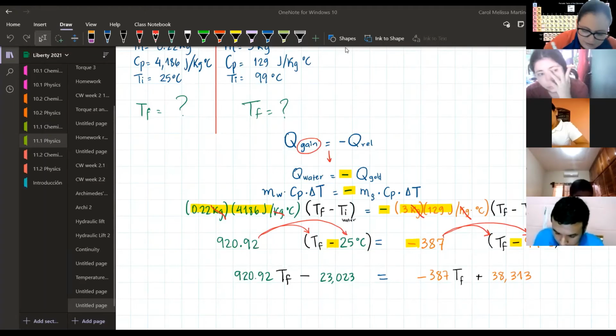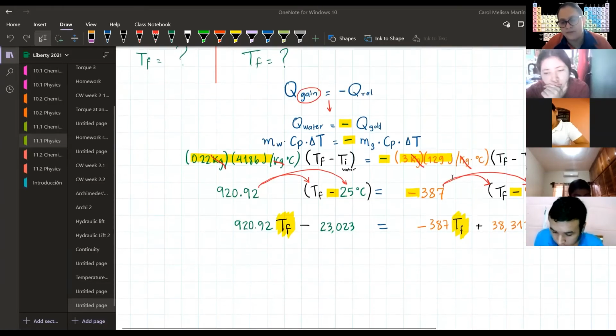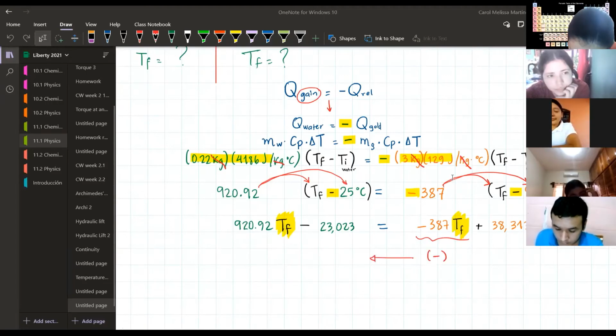And what happens, as you can see, I have the same variable on two sides of the equation. So what comes after is that you need to put the variables on a single side. So I'm going to move this one that is making a subtraction to the other side of the equation by making an addition.